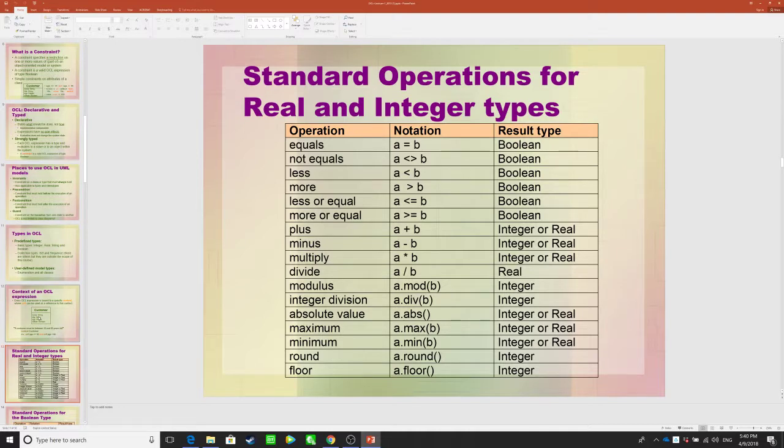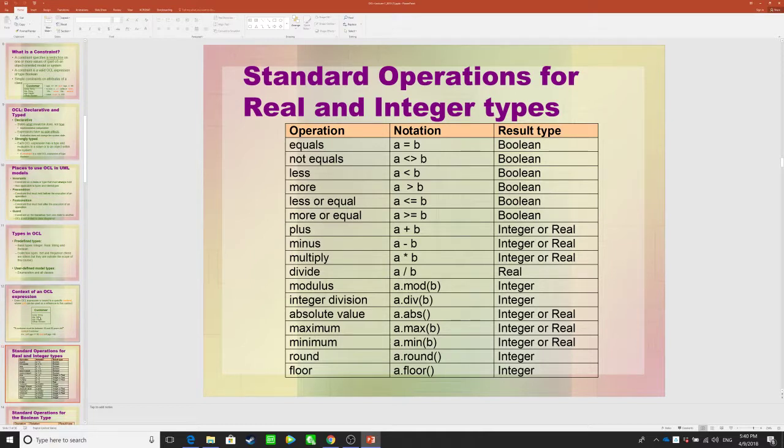Or which one? So divide. You see, plus, minus, multiply, they all return integer or real, right? But for divide, because modulus, if you want to get the remainder. Not modulus, but yeah, I know.